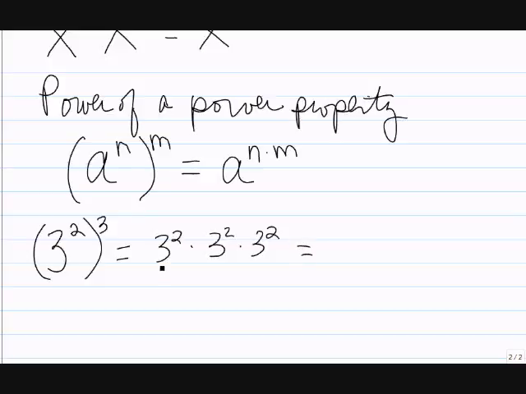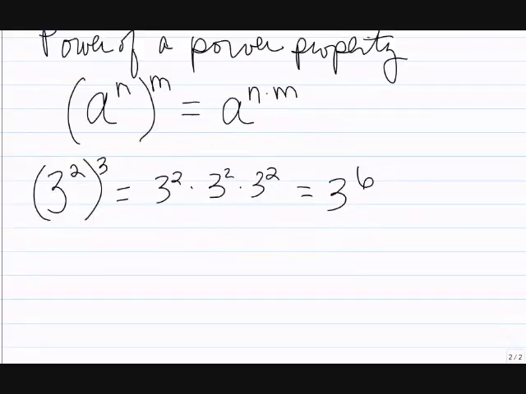And 3 squared times 3 squared times 3 squared is 3 to the 2 plus 2 plus 2 is 6 power. Well, all I really needed to do to get that answer was just multiply the 2 times the 3 and get the 6 power. That's fine. Good.